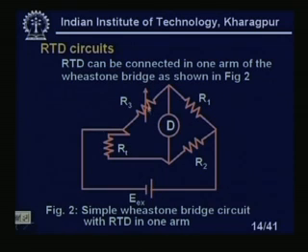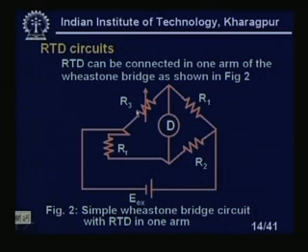We will balance the bridge by varying R3. Either I can take the unbalanced voltage and calibrate it in terms of temperature, or I can calibrate R3 in terms of temperature.